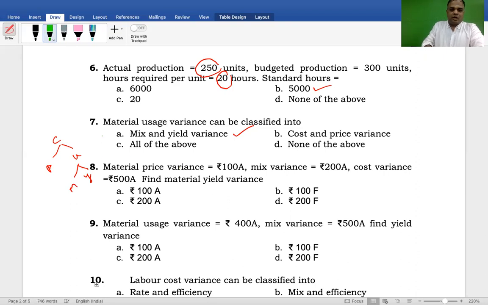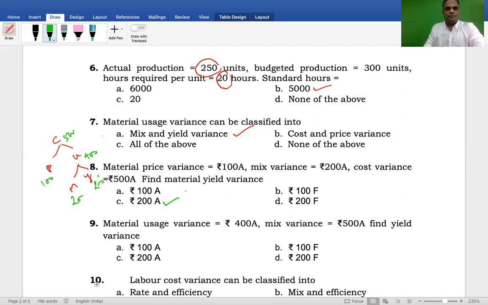Answer for the cost variance 500 adverse: price variance 100, therefore usage should be 400. That 400 is divided into mix and yield. Mix 200 adverse, therefore yield balance 200. Everything adverse. So the answer is 200 adverse. Understand?